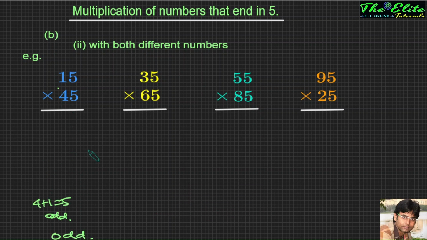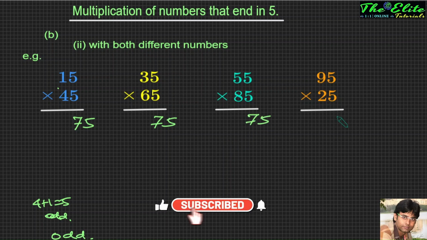If you find odd numbers, then you can blindly write 75 here. When the sum of the rest of the numbers was even, we used to write 25. Now here you will be writing 75.